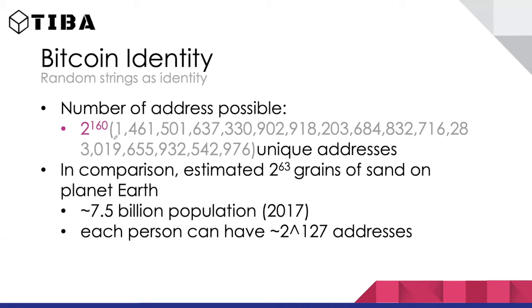So this number right here. You have 2 to the power of 160 unique addresses that are possible to be generated. And just as a comparison, there are 2 to the 63 grams of sand on Earth. So if you put that into perspective, if you have a 7.5 billion population, then each person can have 2 to the 117th addresses, which is a lot.